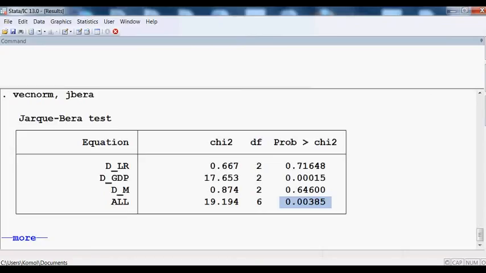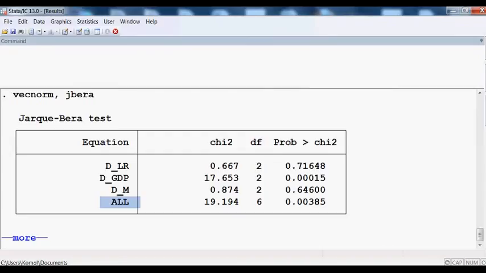But actually we are talking about DLR, that is our target model, and here the residuals are normally distributed, so we can accept the result somehow, although as a whole the residuals are not normally distributed.